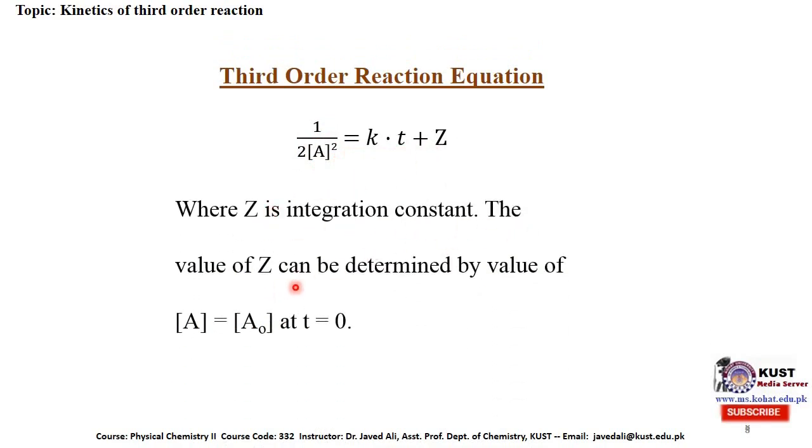The value of Z can be determined by putting the value of A equal to A naught at t equal to 0. We get 1 divided by 2A naught square is equal to Z, because at t equal to 0, Kt is equal to 0 and A becomes A naught.